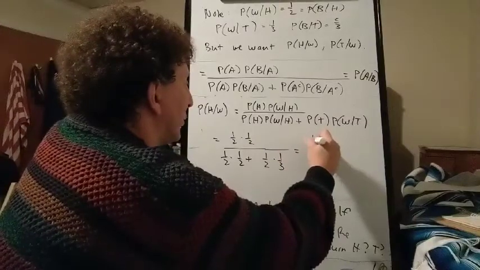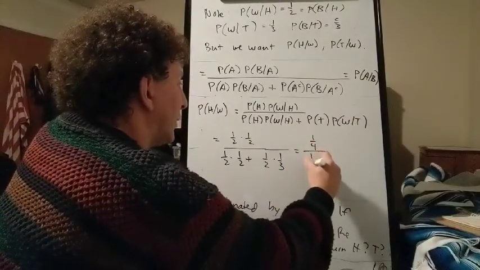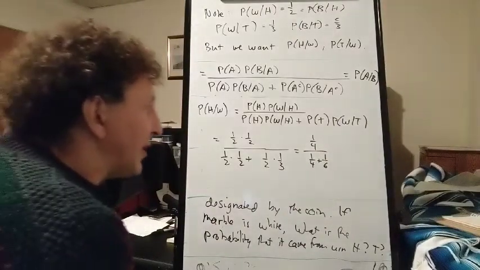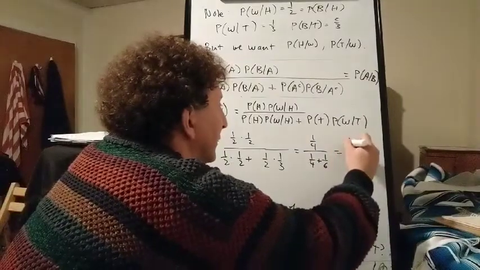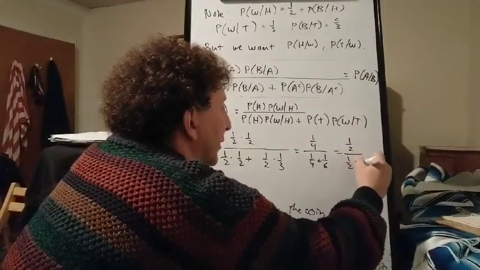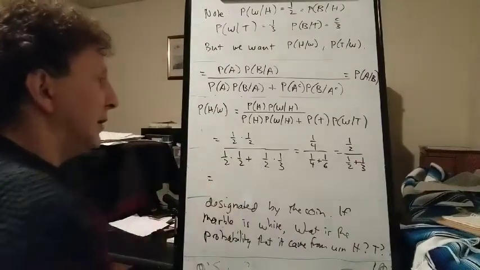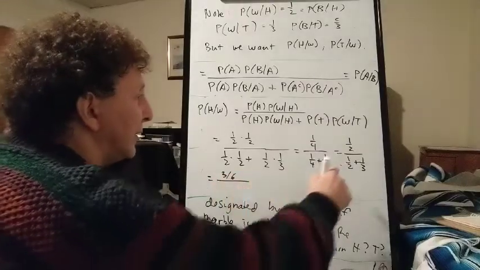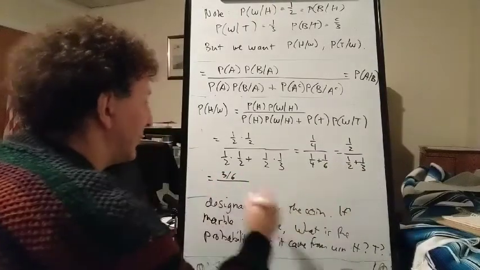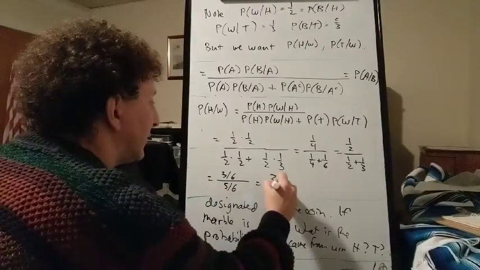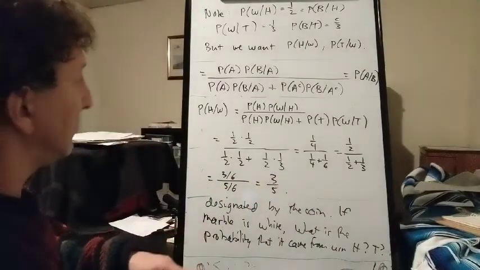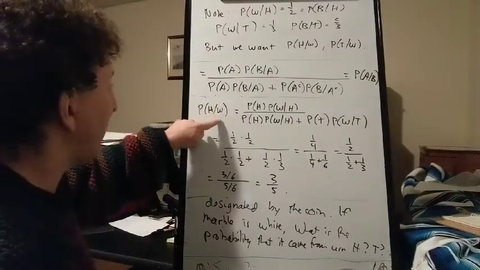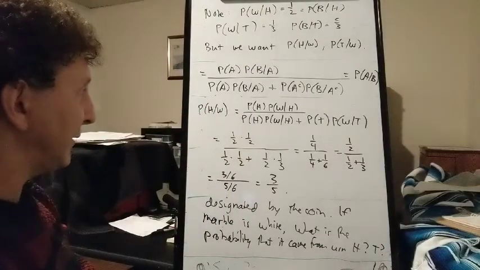So that's 1/4 over 1/4 plus 1/6. Maybe I'll multiply numerator and denominator by 2 to make this 1/2 over 1/2 plus 1/3, which is 3/6 over 3/6 plus 2/6, 5/6. So 3/5. If we pull out a white ball, then the probability that it came from the H urn is 3/5.